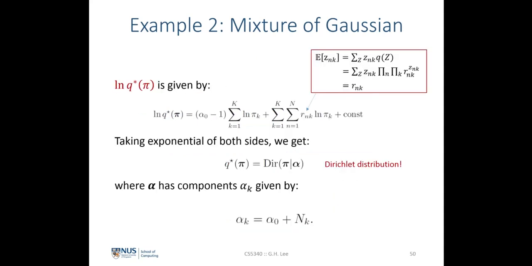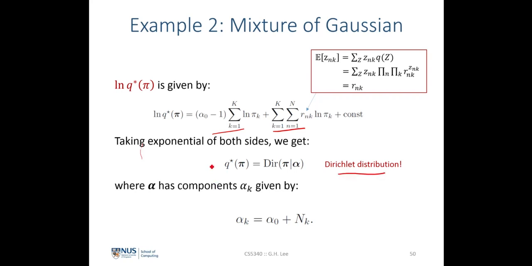Now we can further evaluate the optimal solution of Q of pi from the two terms that are related to Q of pi in the earlier slide, and taking the exponential of both sides, we can see that this turns out to be a Dirichlet distribution.